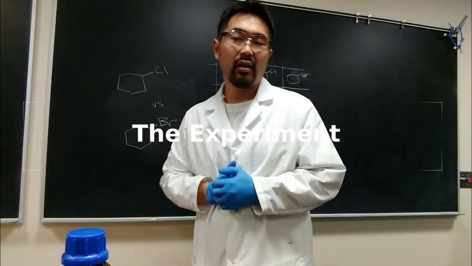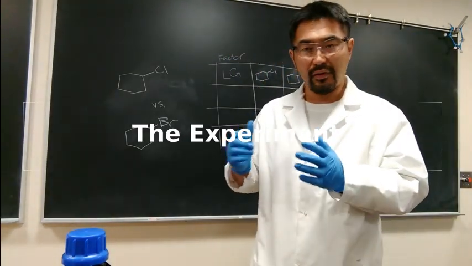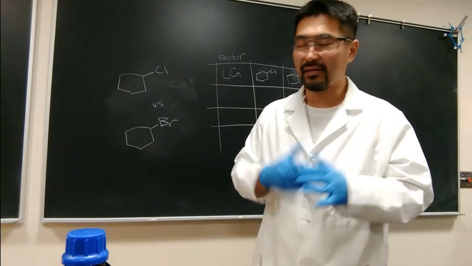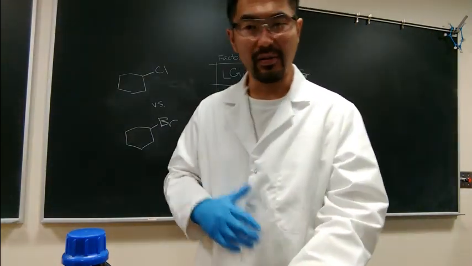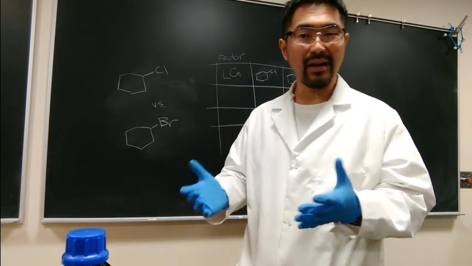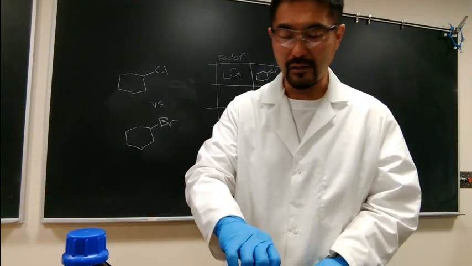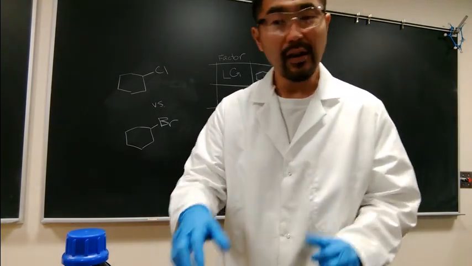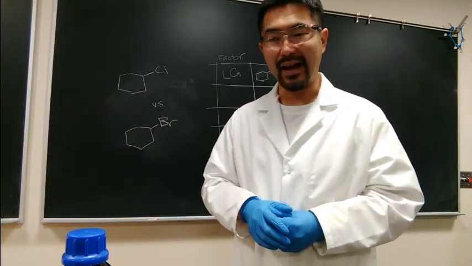You will want to use different reagents for SN1 and SN2 reactions. In this video I'm just going to demonstrate an SN2 reaction only, but based on that you should be able to figure out how to perform the SN1 reaction as well. For the SN2 visual indicator we're using sodium iodide.